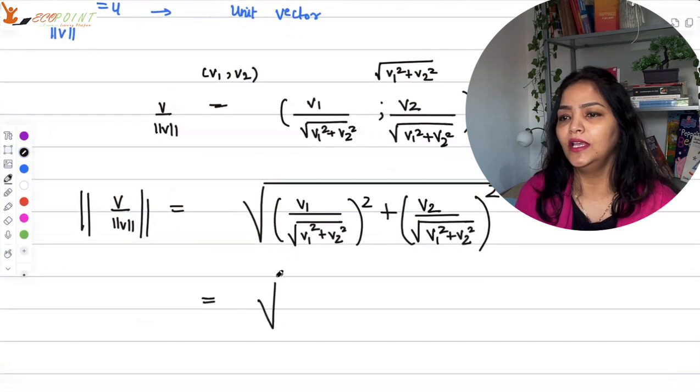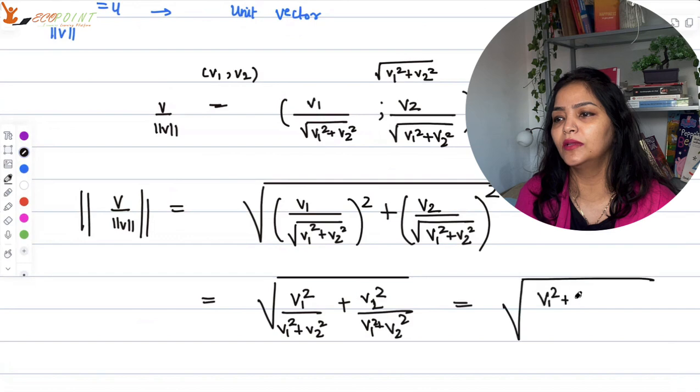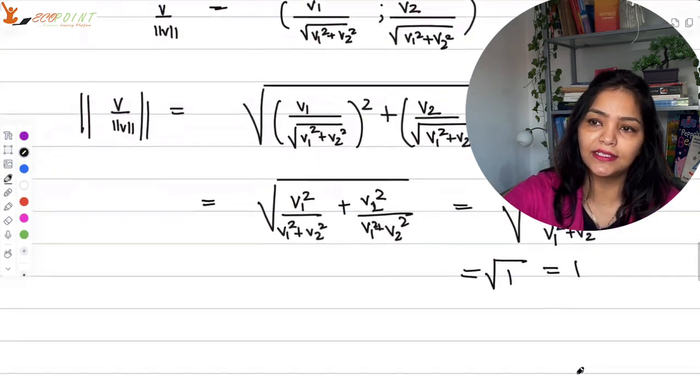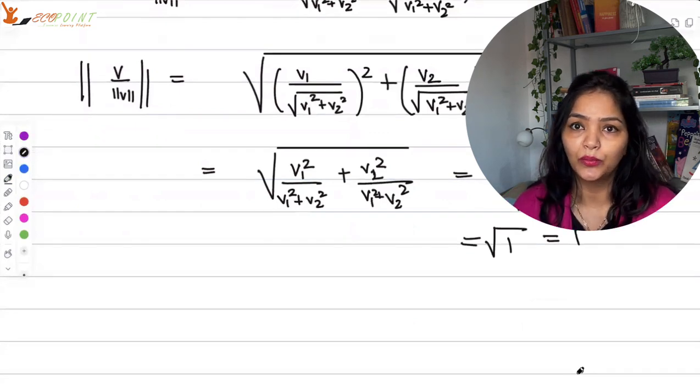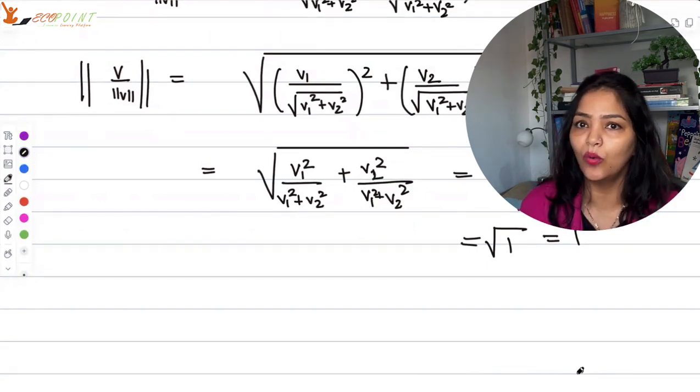Which means what I get is the square root of v1 square upon v1 square plus v2 square plus v2 square upon v1 square plus v2 square, which means I have v1 square plus v2 square in the numerator, v1 square plus v2 square in the denominator, that is square root of 1, that is 1. So unit norm. So yes, this is what we mean by normalizing a vector. How do you normalize a vector? You take a new vector, which is the same vector v upon its norm. The norm of this new vector will always be 1.